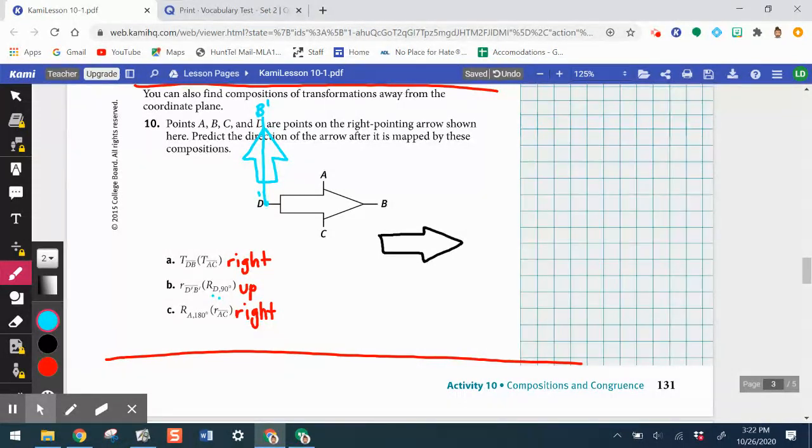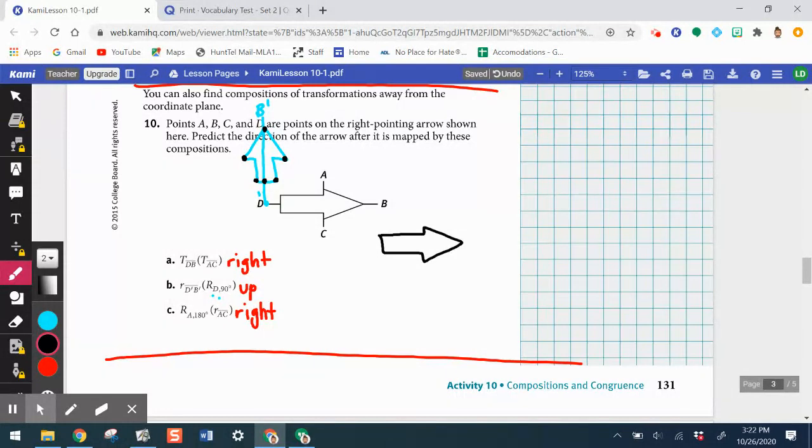Well, if we reflect it, this point will map here and vice versa. This point will map here and vice versa. And this point and this point will actually stay on that line of reflection. Because remember, points on the line of reflection do not move. So which direction is the arrow going to be pointing after it reflects across this line, D prime, B prime? Well, it maps to itself at that point, so it will still be facing up.